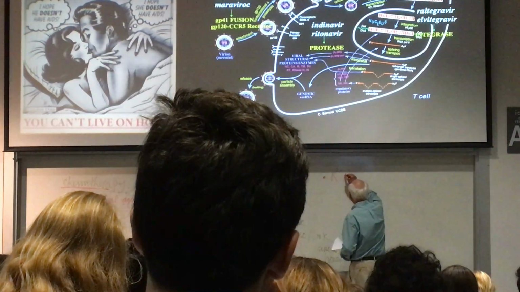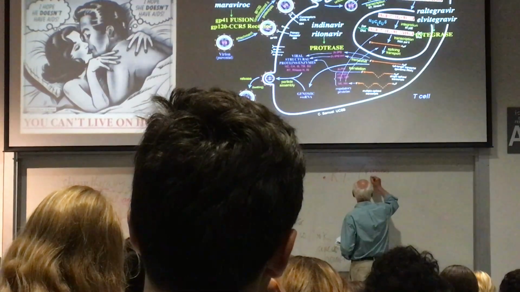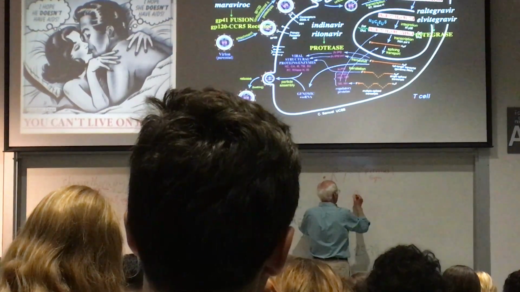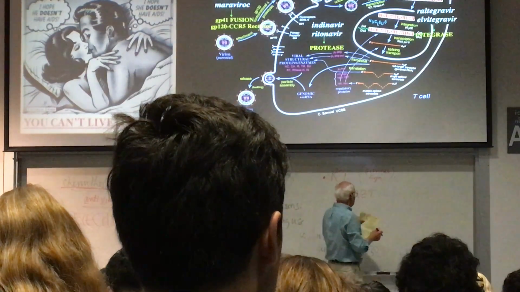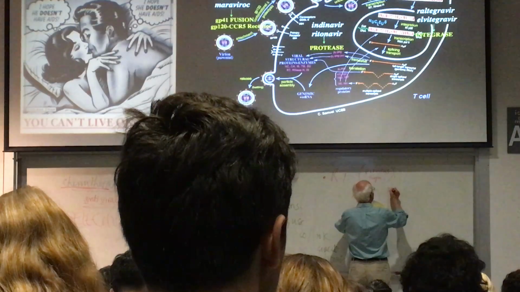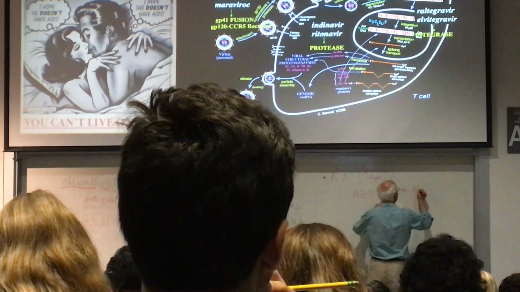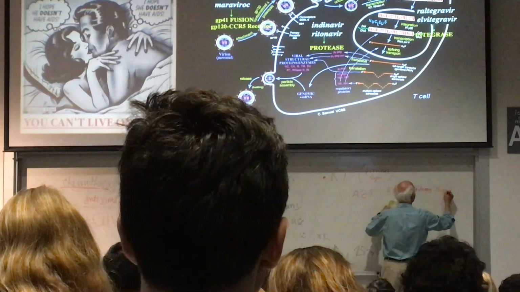So if we can inhibit RT, we inhibit provirus synthesis. The initial classic inhibitor was a compound called AZT. AZT is 3'-azido-3'-deoxythymidine.